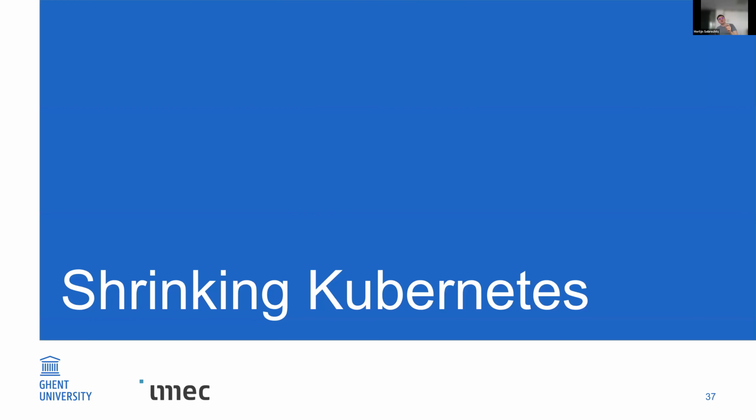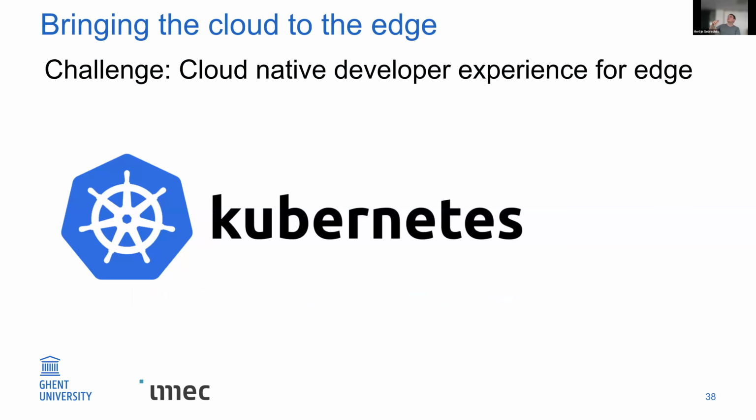The second thing we're doing with WebAssembly is basically shrinking Kubernetes. There's a lot of companies that are very happy with the cloud native developer experience, with the Kubernetes experience for cloud applications. But a lot of these companies have both a cloud part of their application and an edge part of their application.